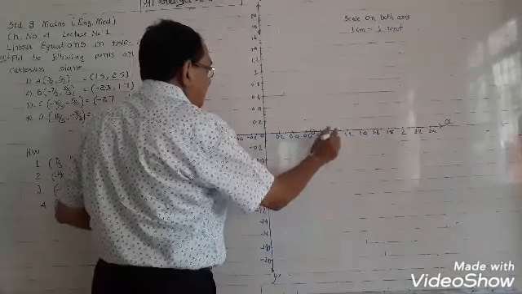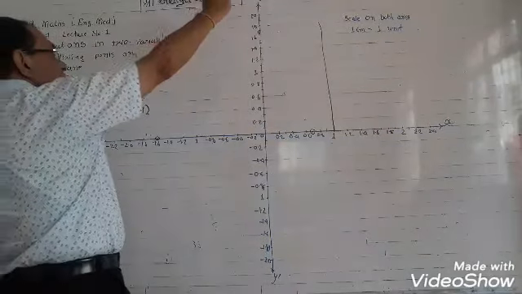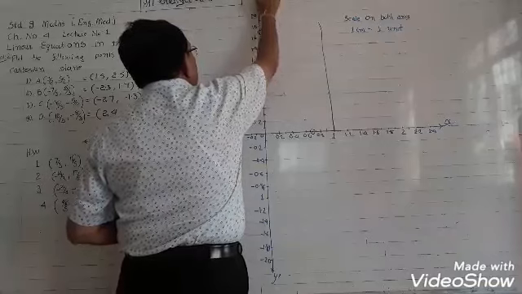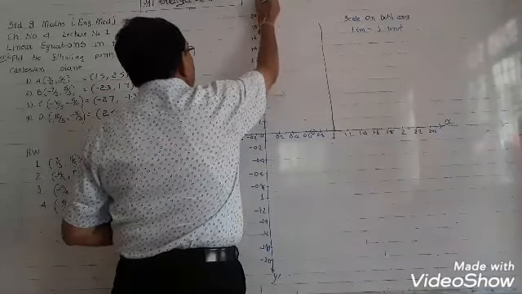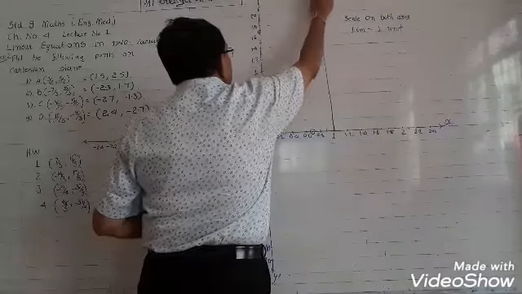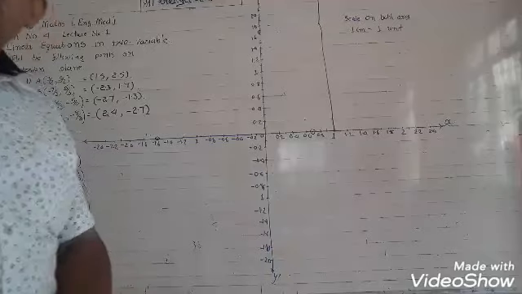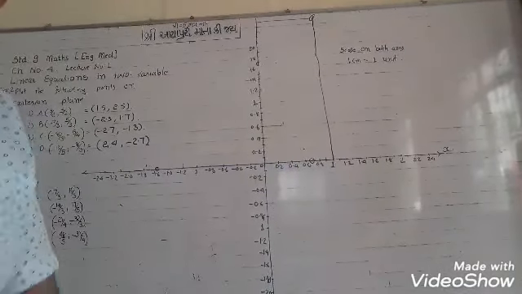That is 1. And where is 2.5? 2.5 is not there in my case. 1 2 3 4 5. It is here. Okay, 2.5 is here.